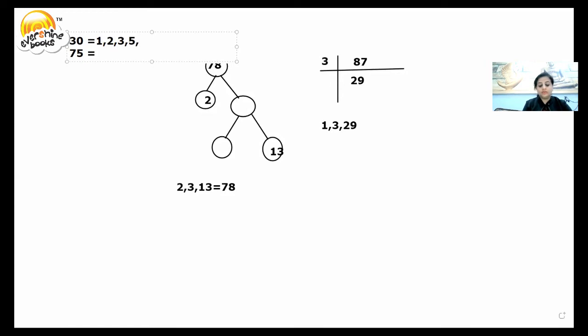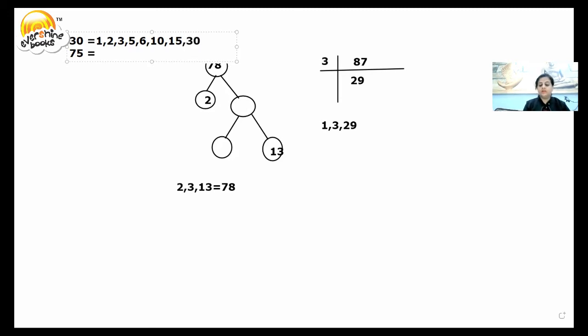Then 6 also. 7, no; 8, no; 10, yes, 10. Till 30 we have to see. It cannot come in the 12 table, 11 table, 13, 14, but it comes in 15. Okay, got it, with a comma. And then the number itself, 30.